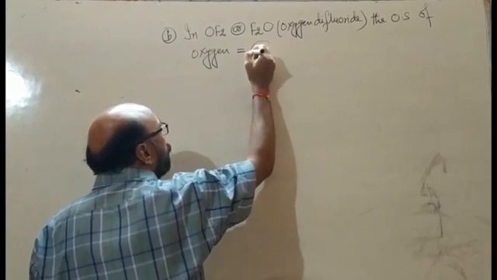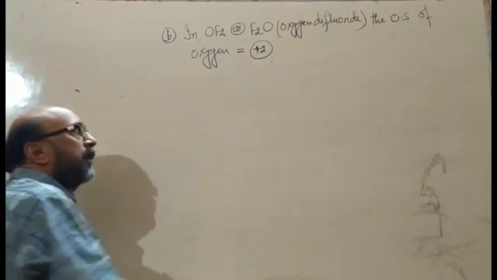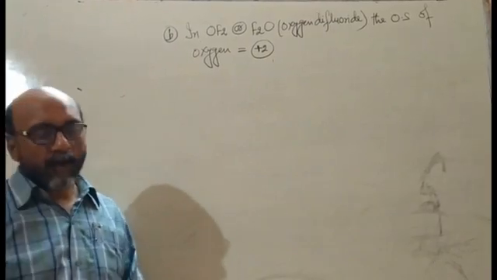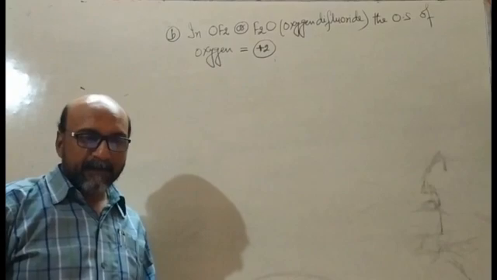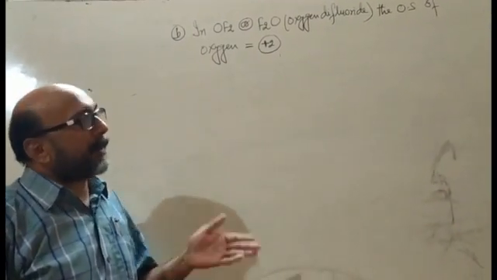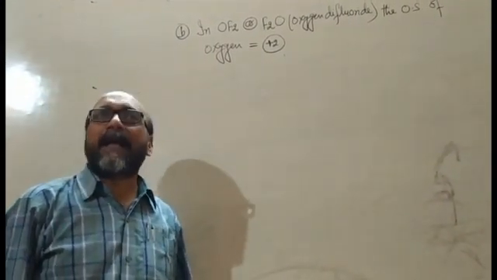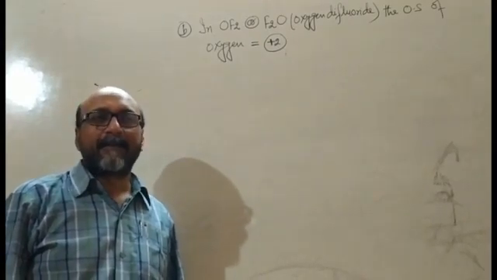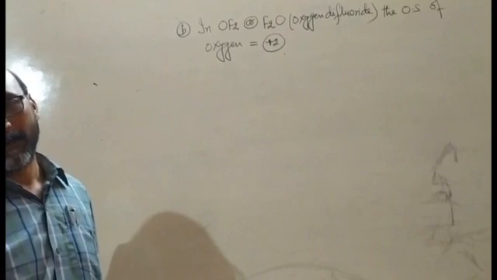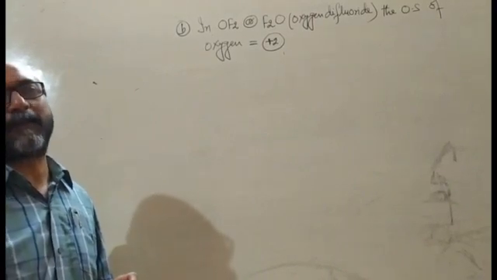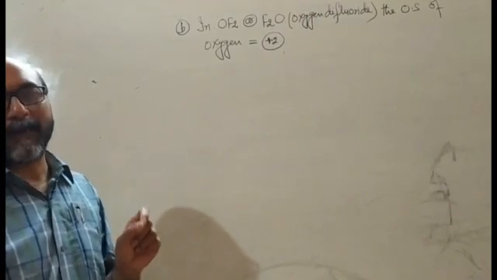You need to learn this exception carefully. Here the oxidation state of oxygen is reversed from its common oxidation state, -2. The common oxidation state possessed by oxygen is -2.